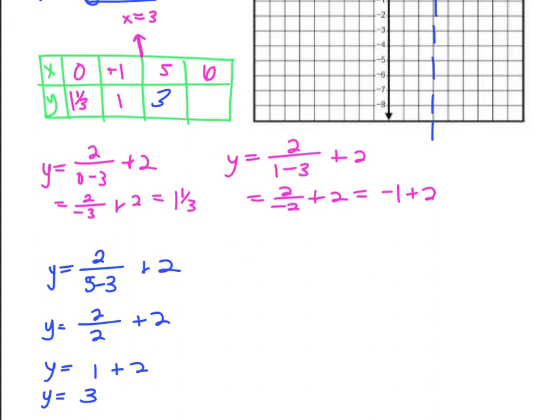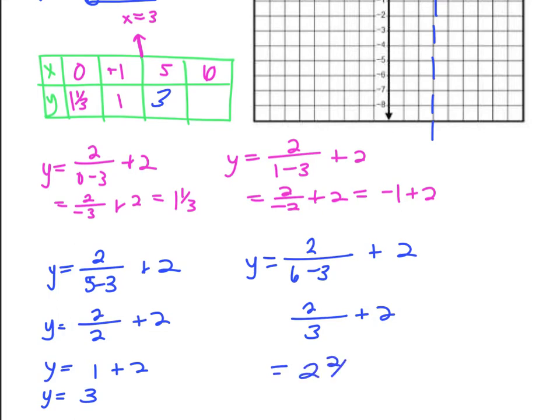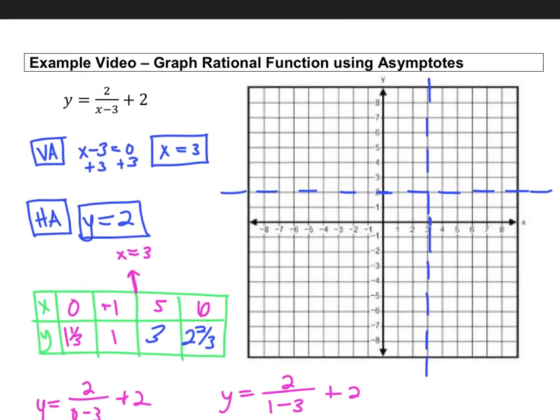And then plug in a 6. y equals 2 divided by 6 minus 3, and then a plus 2 on the end. 6 minus 3 is 3, and 2/3 plus 2 is 2 and 2/3. Okay, I feel like I'm just getting messy with this.